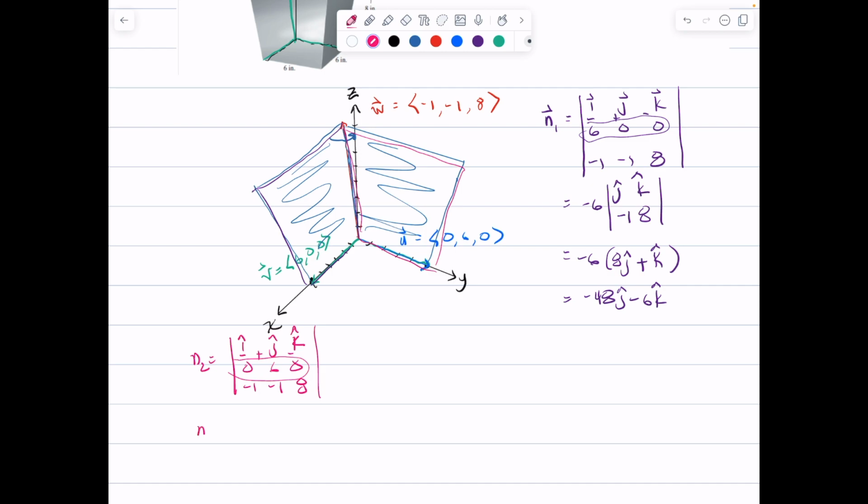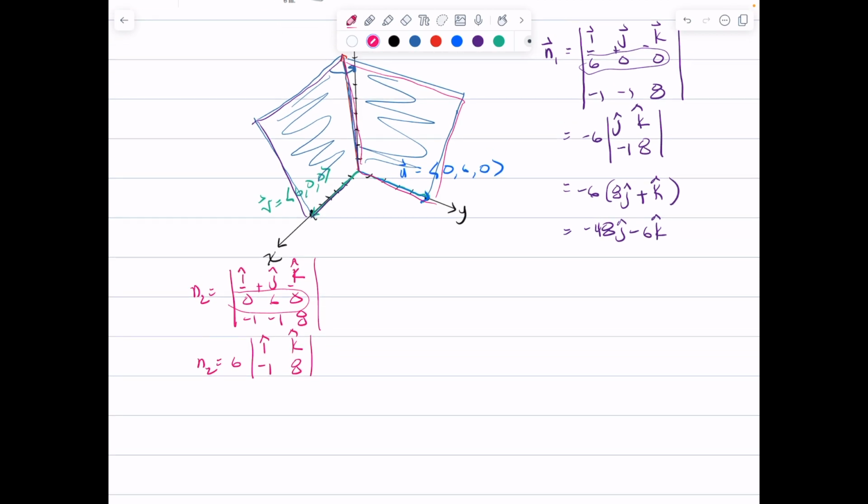We're going to end up getting N2 is equal to a +6 times the determinant with i, -1 on that first column, and k, 8 on that second column. And so our N2 equals 6 times 8i minus k, which will give us 48i minus 6k. Cool so far?